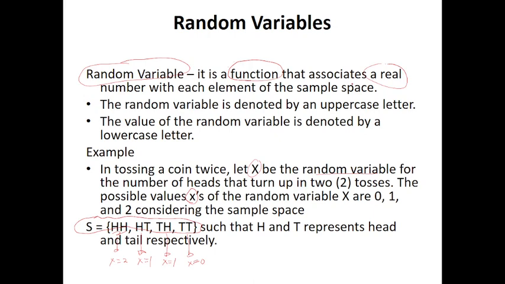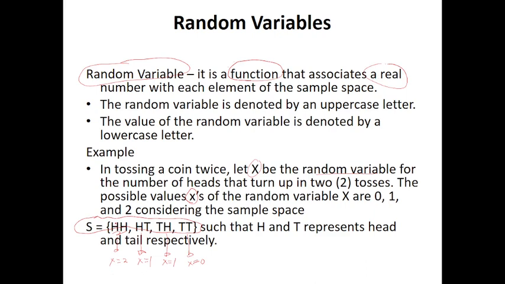A random variable is a function associating a real number with each element of the sample space. In this example, this is our sample space, and each outcome in the sample space is what we call an element.